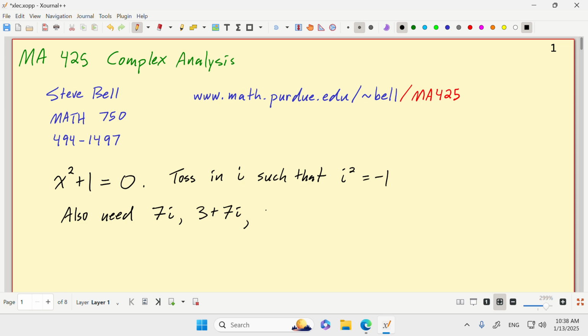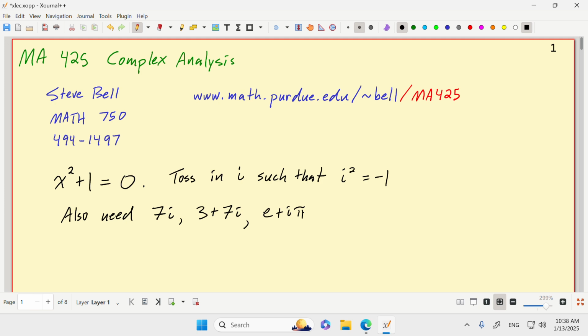Of course, they don't have to be integers or rational. You could have e plus i pi, etc. Makes sense. But then if you think about tossing in more things, for example, i squared is equal to minus 1, so that wouldn't add anything new. i cubed would be minus i, so that wouldn't add anything new.